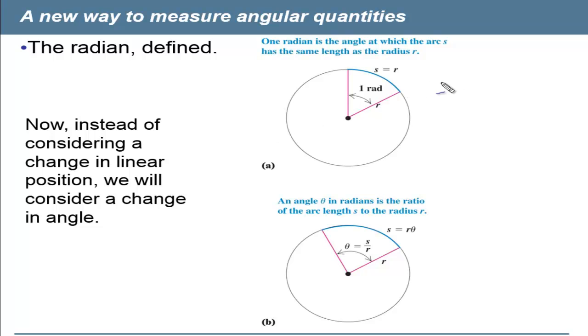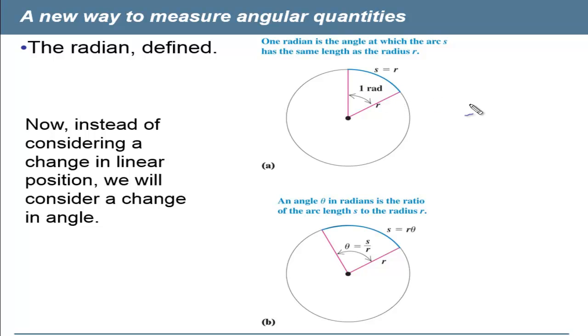So the radian is defined as an angle measure, this is 1 radian, in which the radius is equal to the arc length, which is s, right? So we have here, this is the distance that a particle would travel along the edge, that's given by s, and when that s is equal to the radius, then that is defined to be 1 radian.